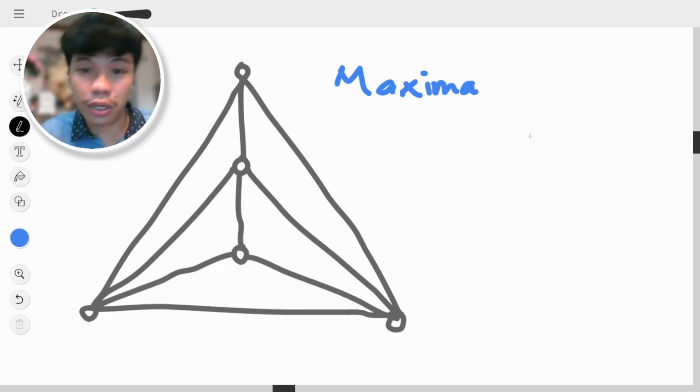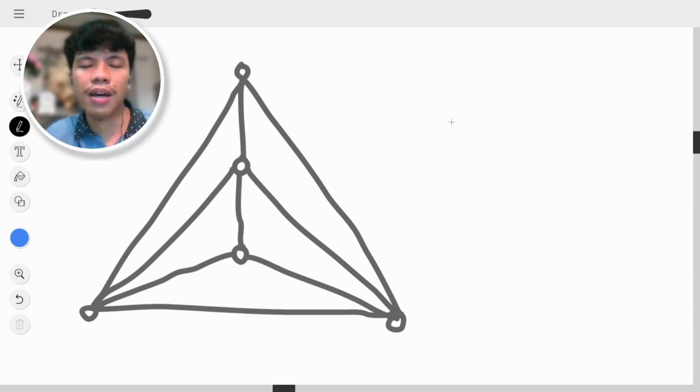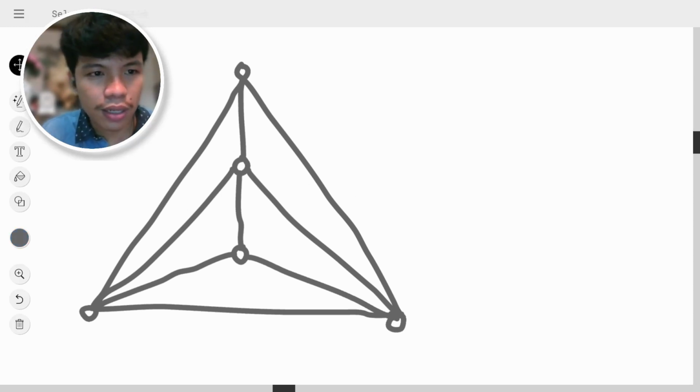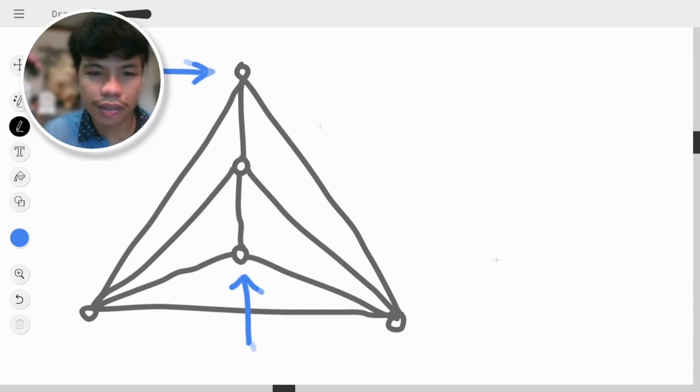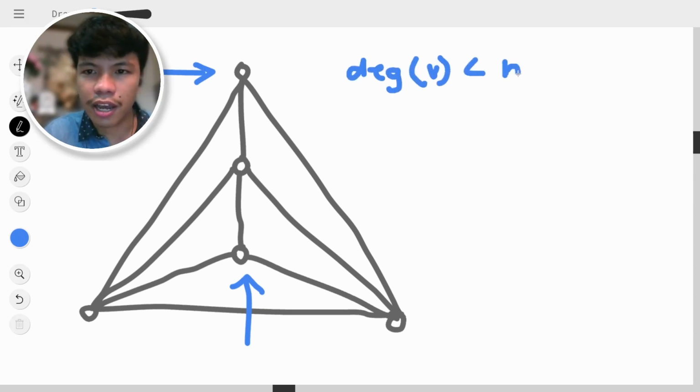Now how do we know if it is maximal? If we try to identify the vertices that are adjacent, as you may have noticed, this vertex and this vertex are non-adjacent. Now why do we consider the vertices with degree less than n minus 1?